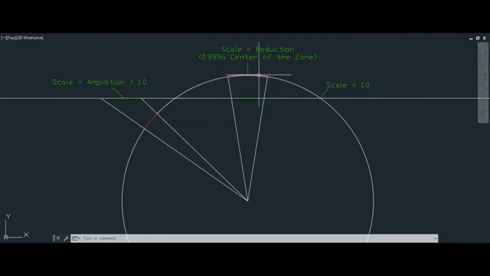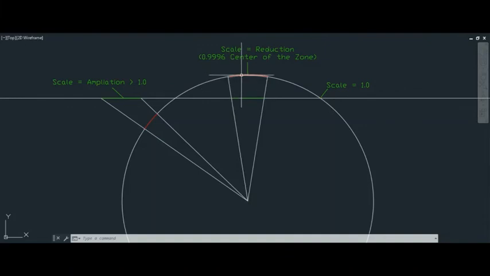So this distance, if you can note, is bigger than the distance that we're going to have on the plane for projecting all these elements and this information on a plane, right? So in the center of the Universal Transverse Mercator, we're going to have a reduction scale factor of 0.9996.